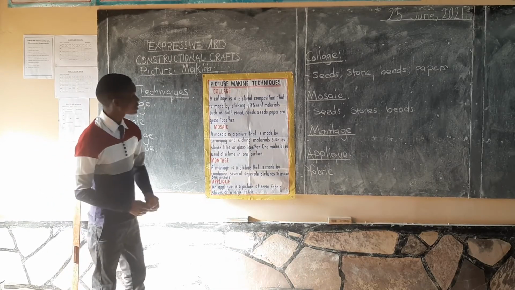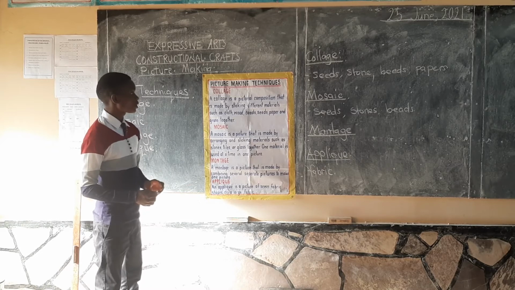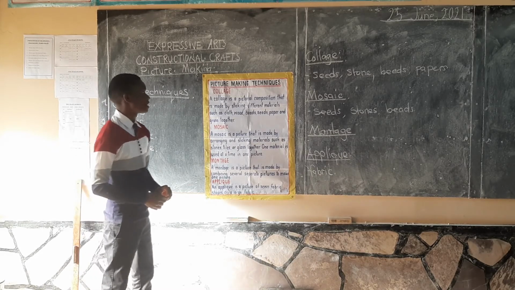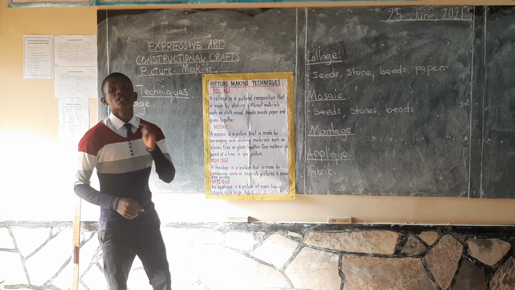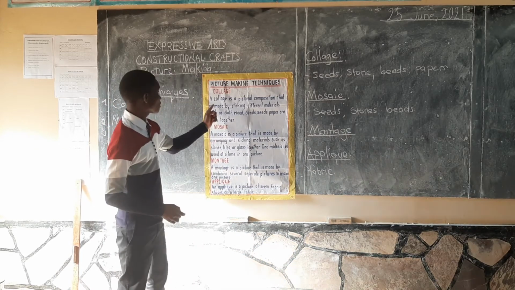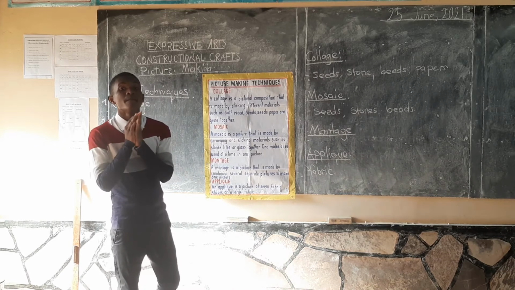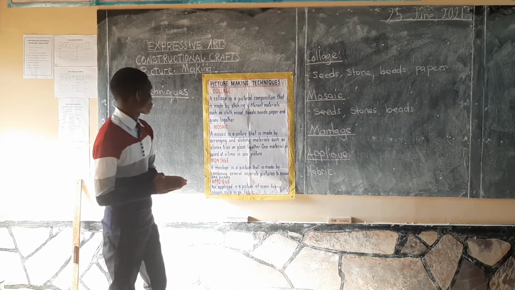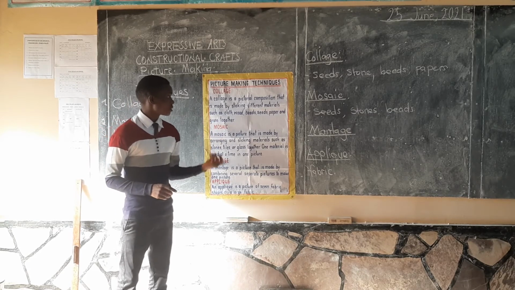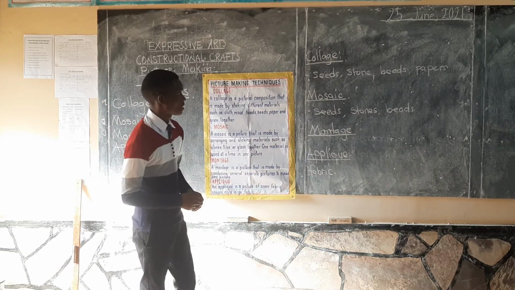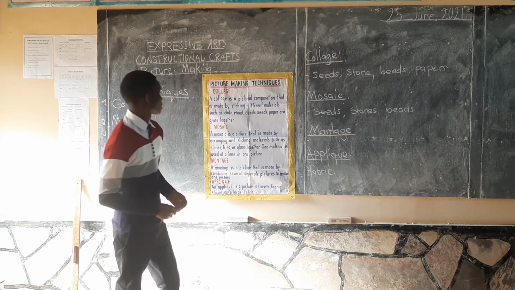So a collage is a pictorial composition that is made by sticking different materials. Mark the word different. So this one involves sticking different materials together. So materials such as cloth, wood, beads, seeds, paper, even grass.